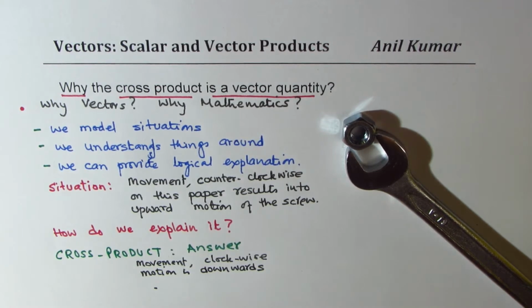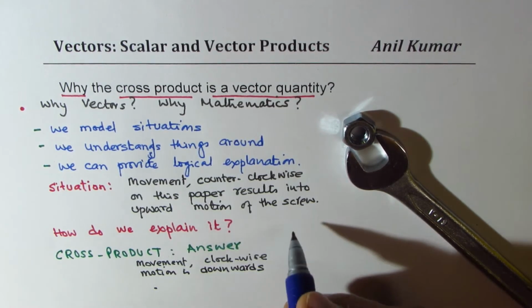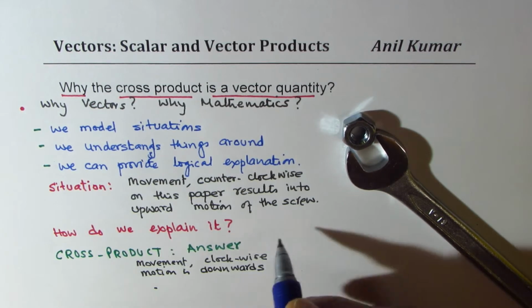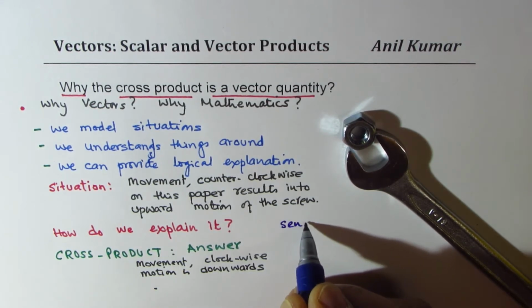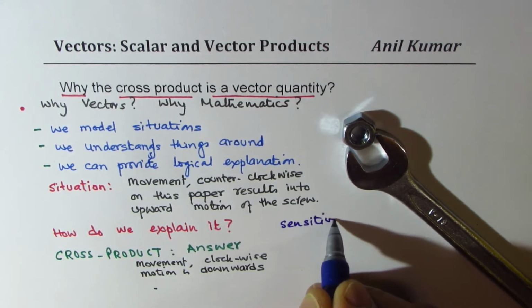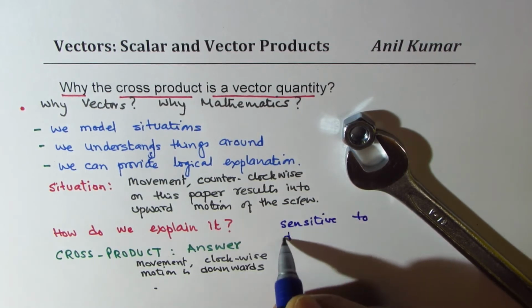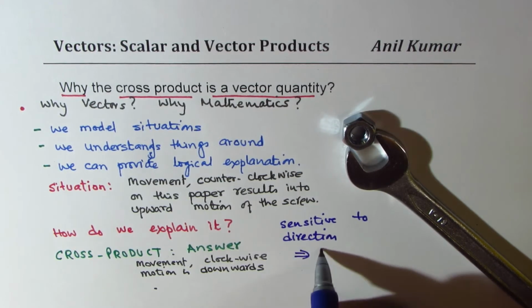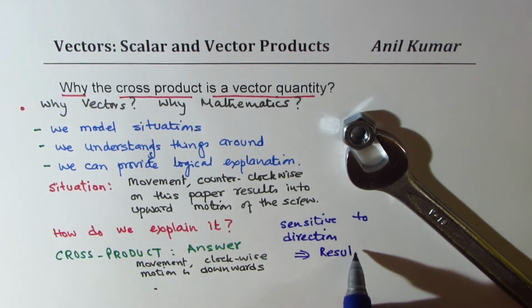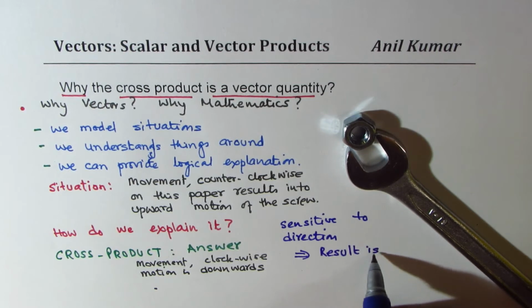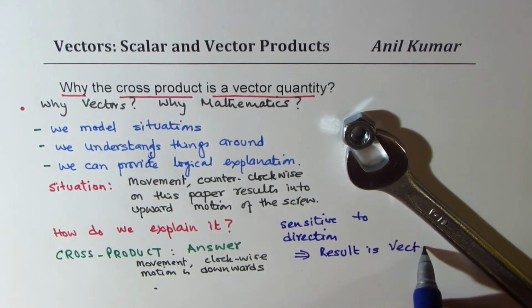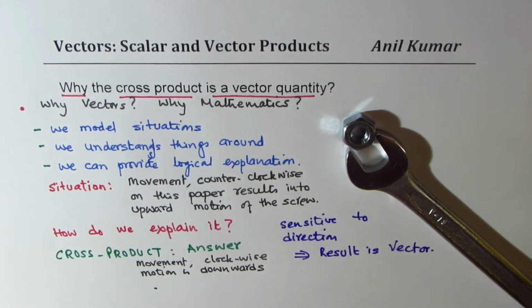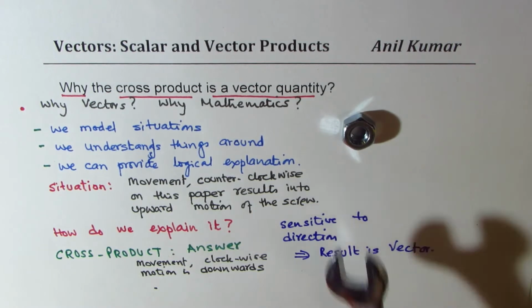So we see that this physical quantity is sensitive to direction. So that means the result is a vector, since a vector has both magnitude and direction. I hope that makes sense, right? So that is how we could explain it.